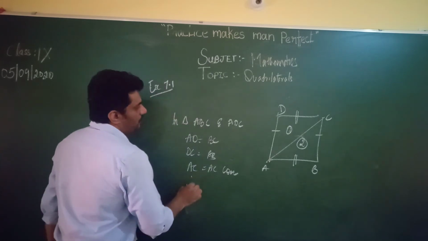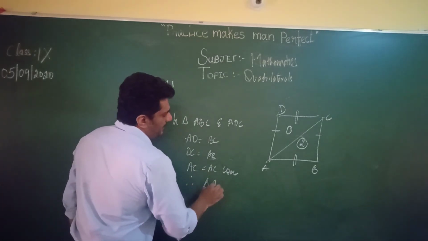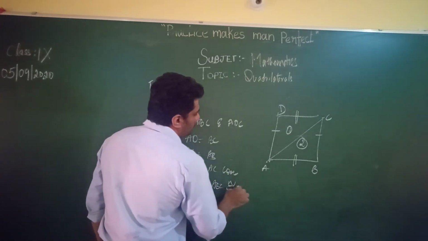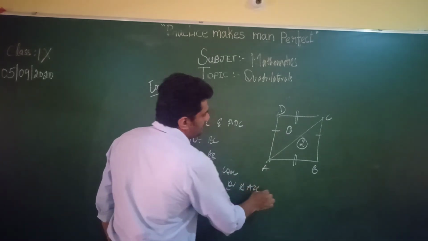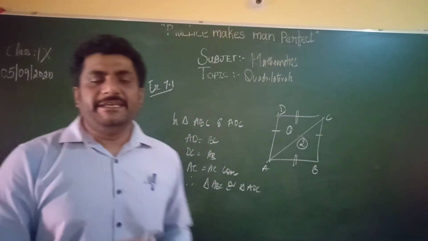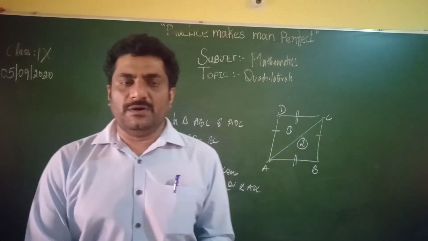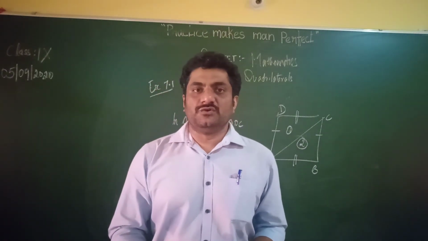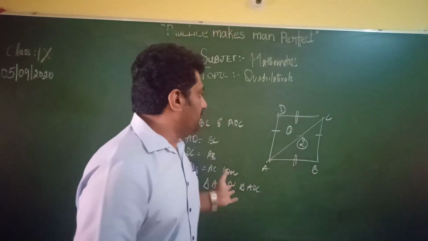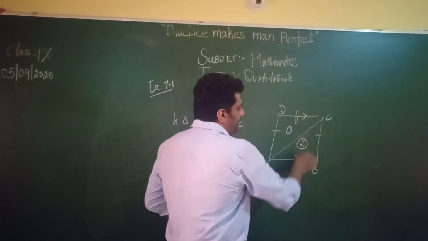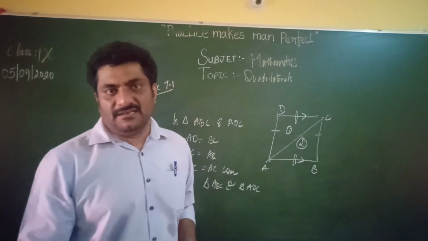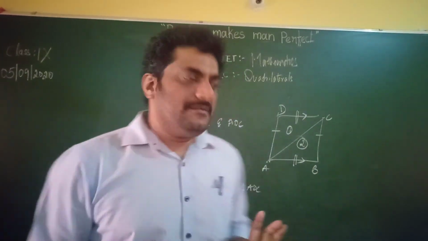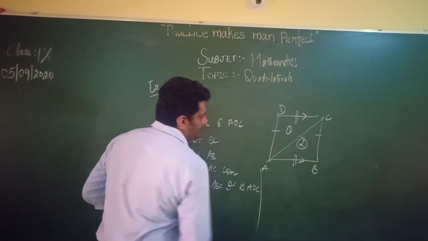Therefore, triangle ABC is congruent to triangle CDA. Now we already know that opposite sides are equal. If I prove that opposite angles are also equal, or I can prove any one pair is parallel, then it becomes a parallelogram. Now let's do one thing here.